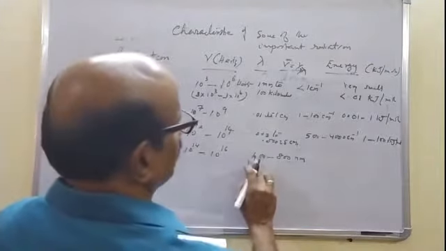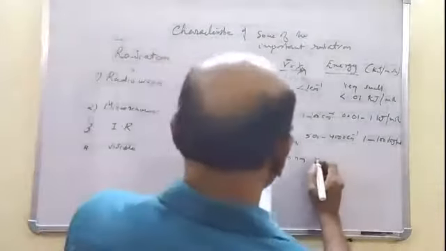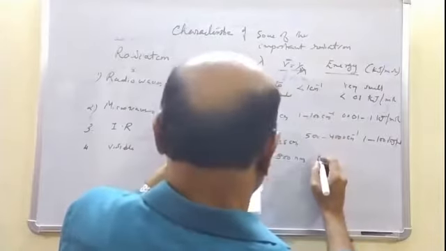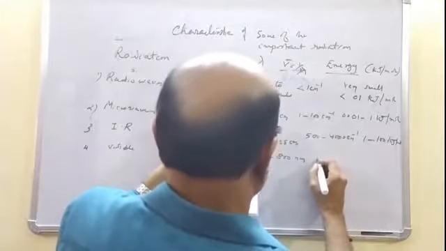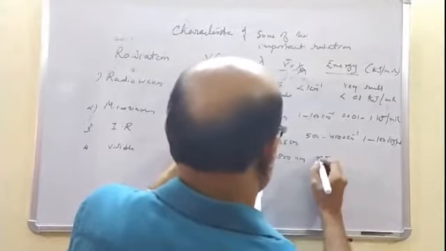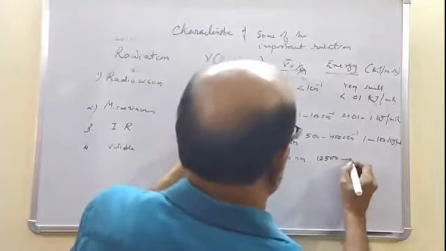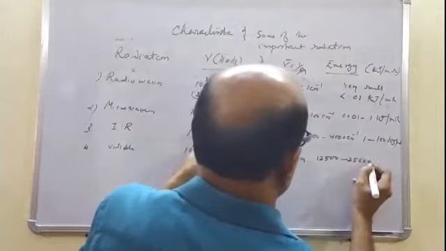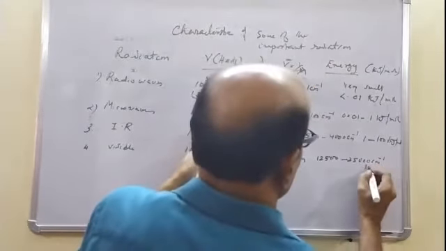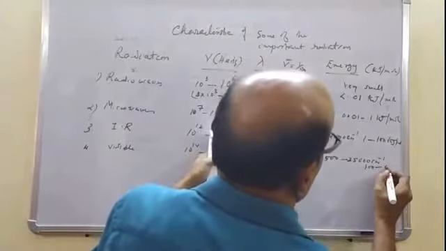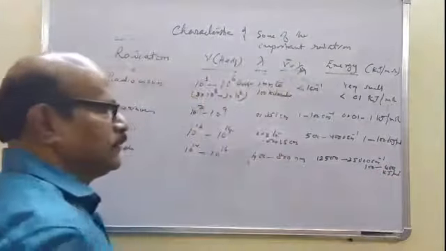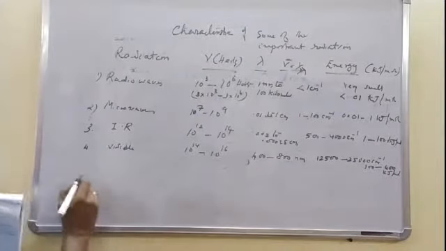Okay, 400 to 800 nanometer. And the frequency, wave number now comes to be, okay, this much. It comes 12,500 to 25,000 centimeter inverse, and the energy comes to nearly 100 to 400 kilojoule per mole.